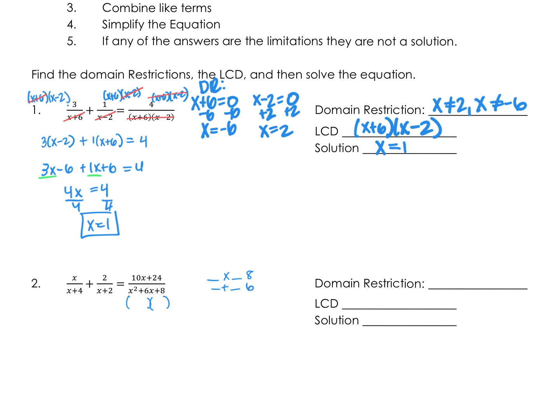What are those numbers? 2 and 4. So this will factor into x plus 2, x plus 4, which is nice because there's already an x plus 2 and already an x plus 4 in the other denominators, right? So that's kind of nice. Now go ahead and find your domain restrictions and your LCD on your own.